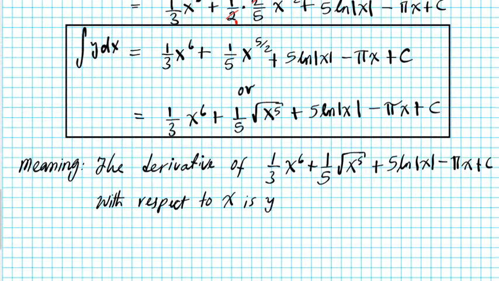Okay, so this just illustrates the inverse relationship between derivative and integral. When you differentiate the integral, you end up with the original problem that you started with. So that's the meaning of the result we just got.